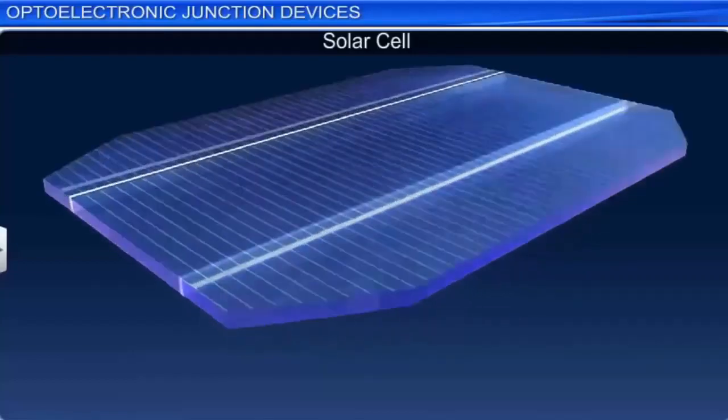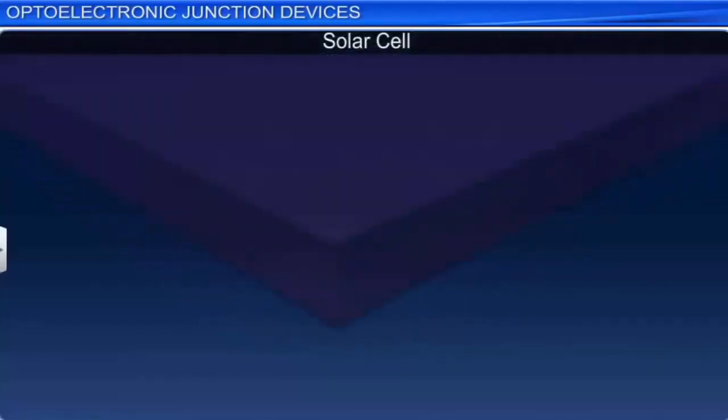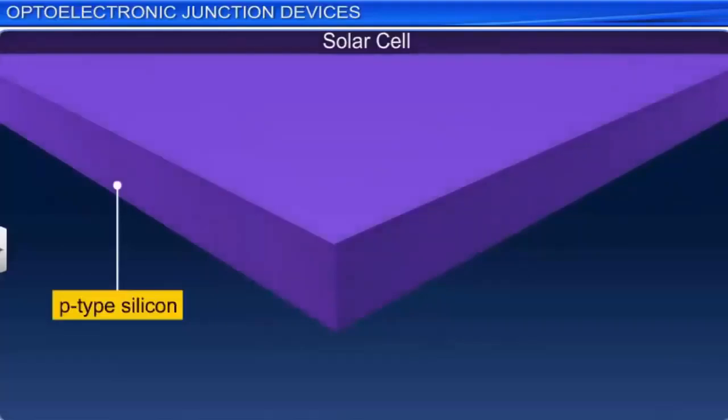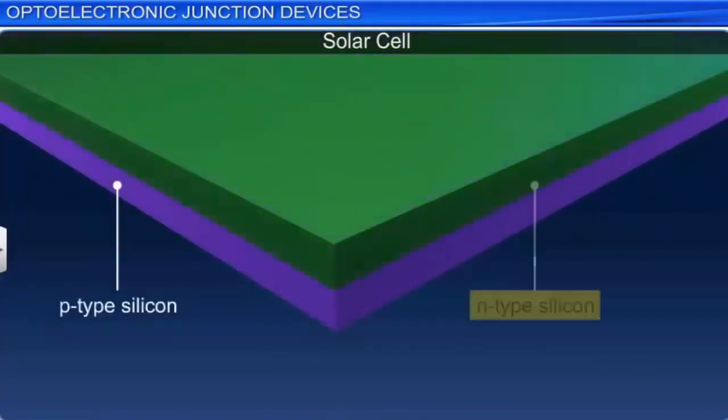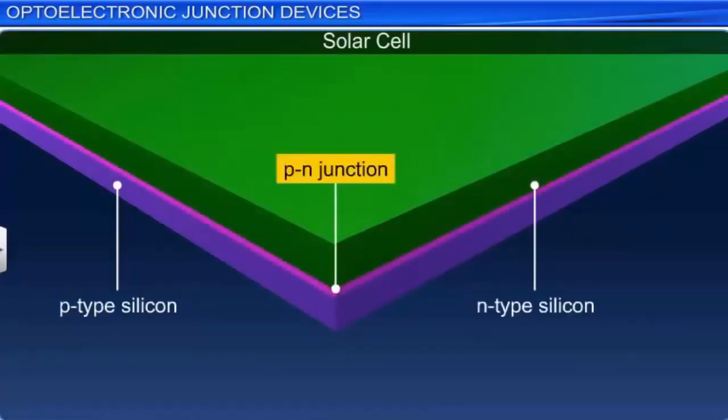A solar cell consists of a thin, flat wafer of p-type semiconductor on which a very thin layer of n-type semiconductor is grown to create a p-n junction with a large surface area.